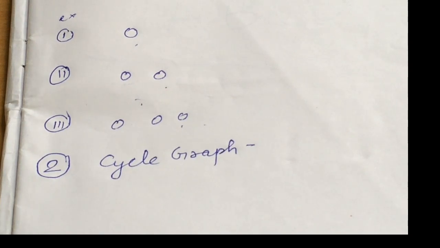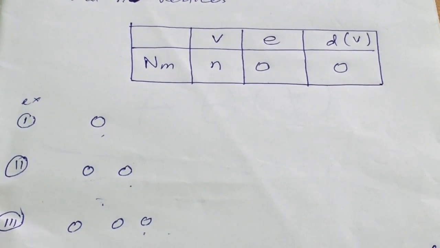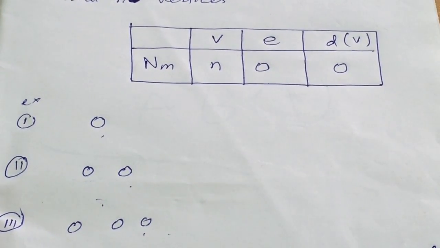And edges will be from v1 to v2, v2 to v3, v3 to v4, v4 to v5, and so on, vn minus 1 to vn. And vn to v1 will also be one edge.